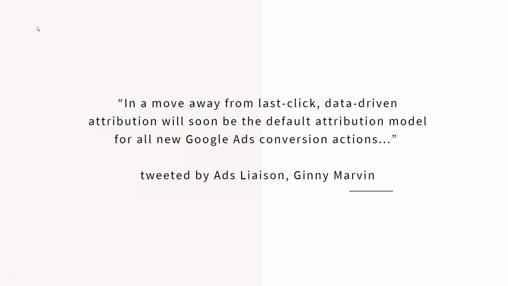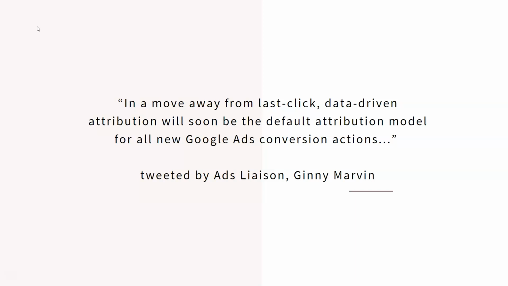By default in Google Ads, it's set to last click. So basically, if somebody sees an ad, clicks on it, visits your website, goes away, searches again, clicks on a different ad, maybe a brand ad, comes to your website and then purchases, the default last click will give all the glory, if you like, of that conversion to the ad that the person last clicked on.